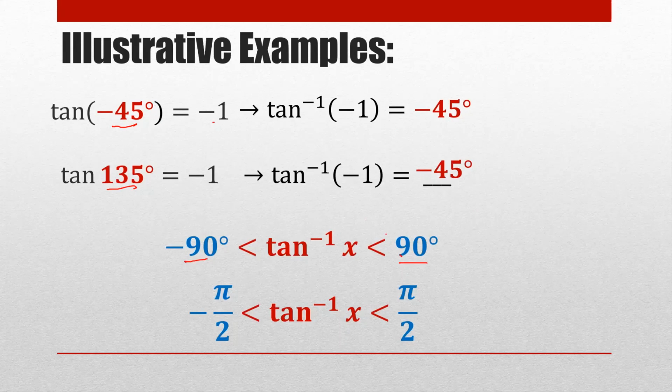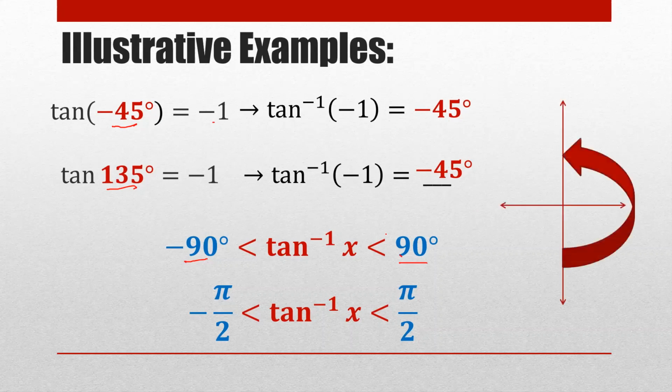Nagiging undefined yung tangent doon. So, ang range natin, again, similar to the arcsine, kaya lang excluded yung endpoints. That's why strict inequality tayo. This is from negative 90 to positive 90. Again, this will take care of the positive values of tan. This will take care of the negative values of the tangent function.